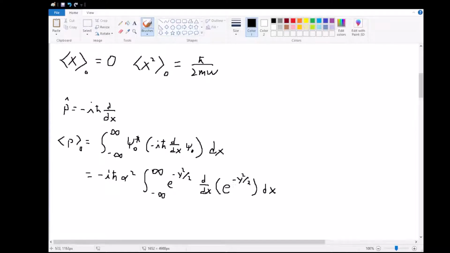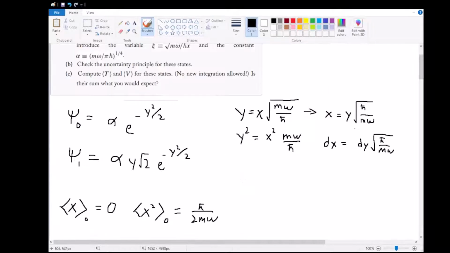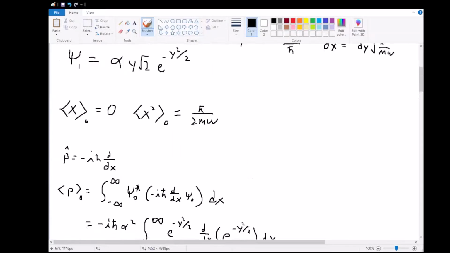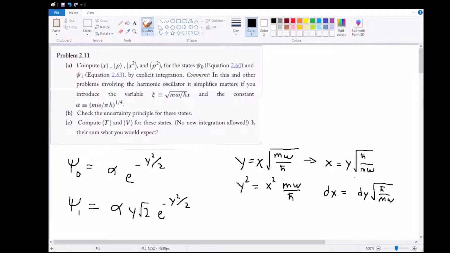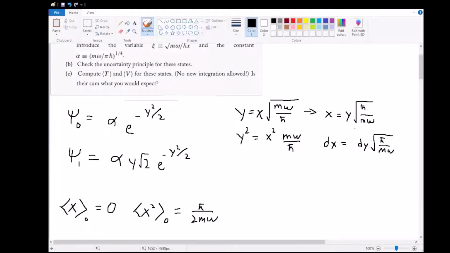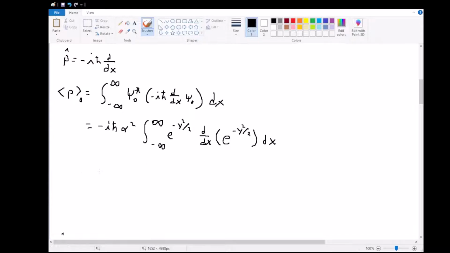Okay, so this is a d by dx, but our exponential is in terms of y. We can use chain rule, or we can just brute force it. Personally, I prefer brute forcing it, so that's what I'm going to do. I'm going to rewrite this in terms of x.